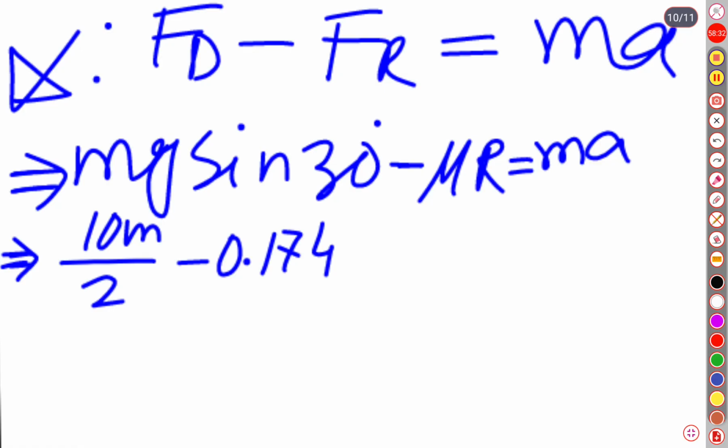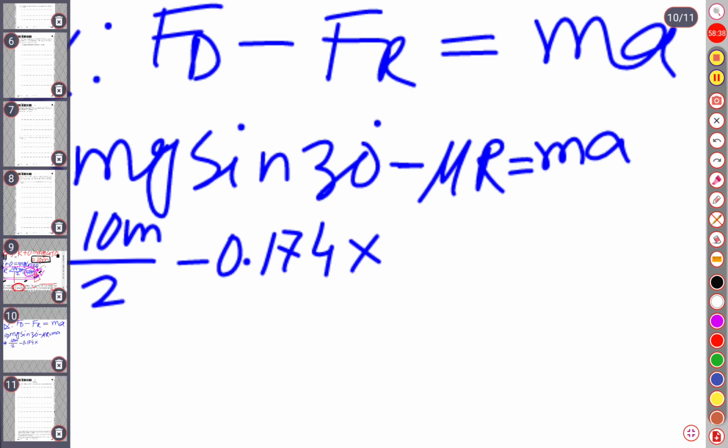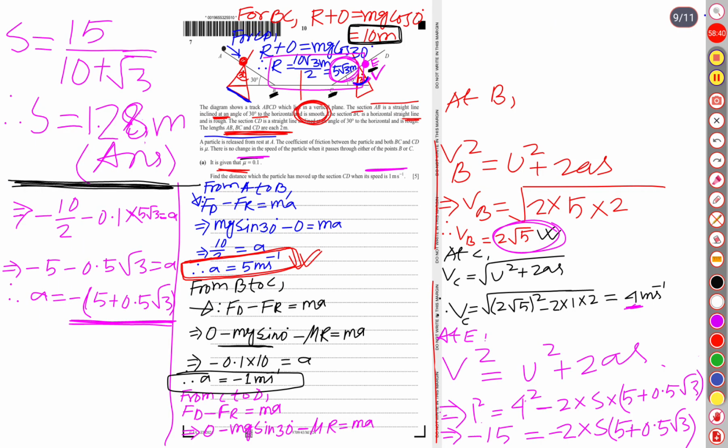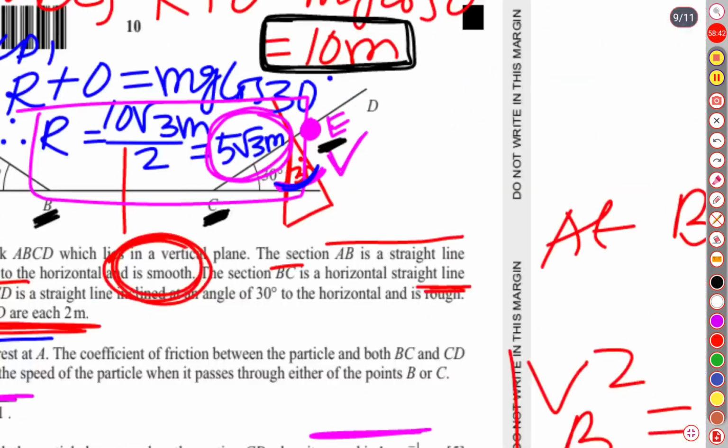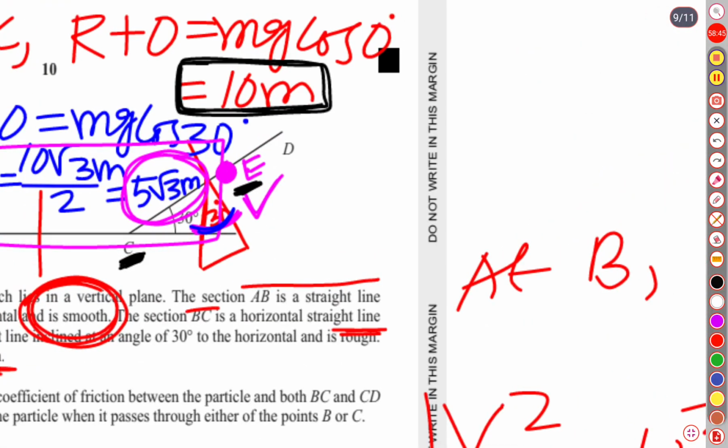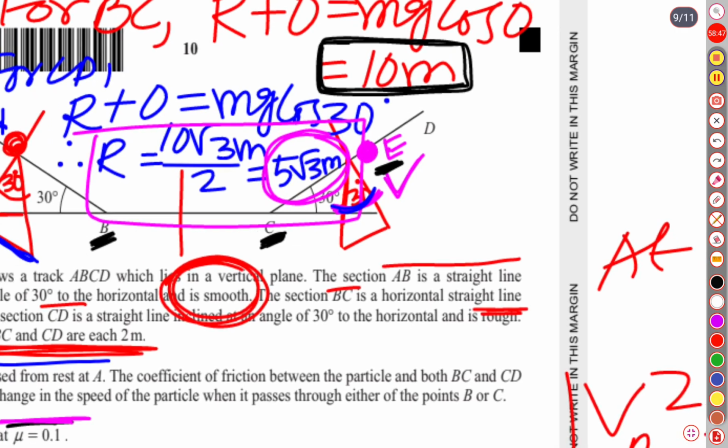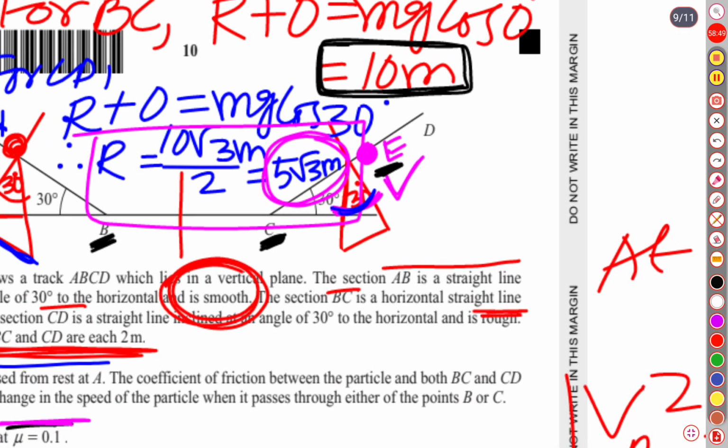Now the frictional force can be picked up. We have already used the normal reaction R from C to D. The normal reaction force is exactly the same, because look at this, still no upward force is acting on the particle.